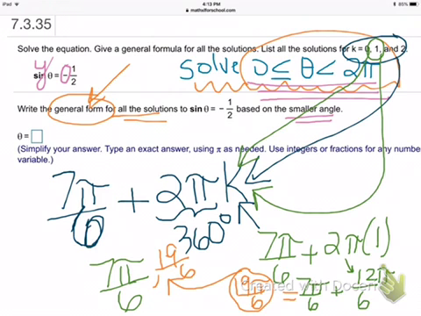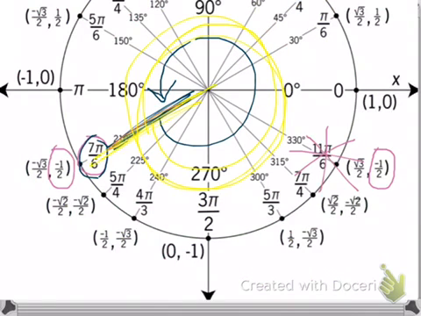And we're going to do the same thing, but we're going to take k equal to 2 in the upper right-hand corner. If you plug in 2 for k, you're going to get 4 pi. 4 pi is 2 trips around the unit circle. So we're going to take 7 pi over 6, which is our initial solution, and add 2 pi and another 2 pi for a grand total of 4 pi.